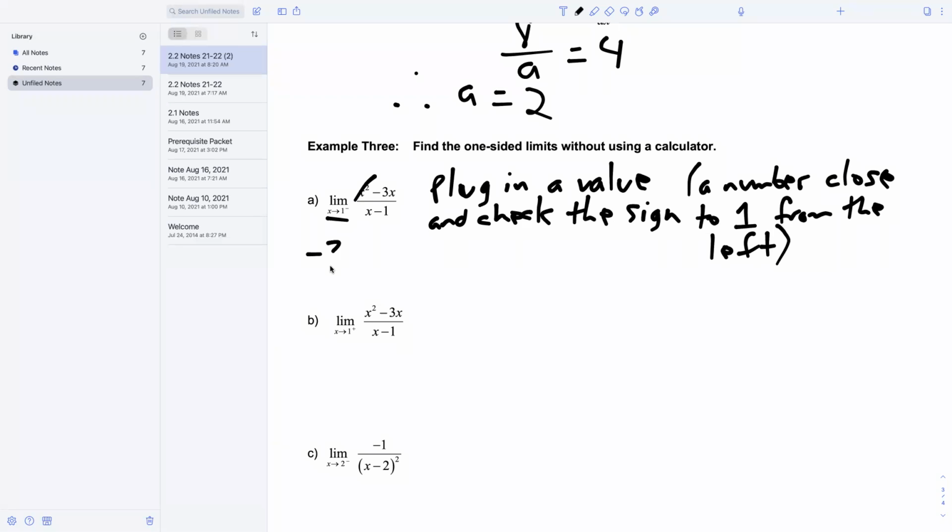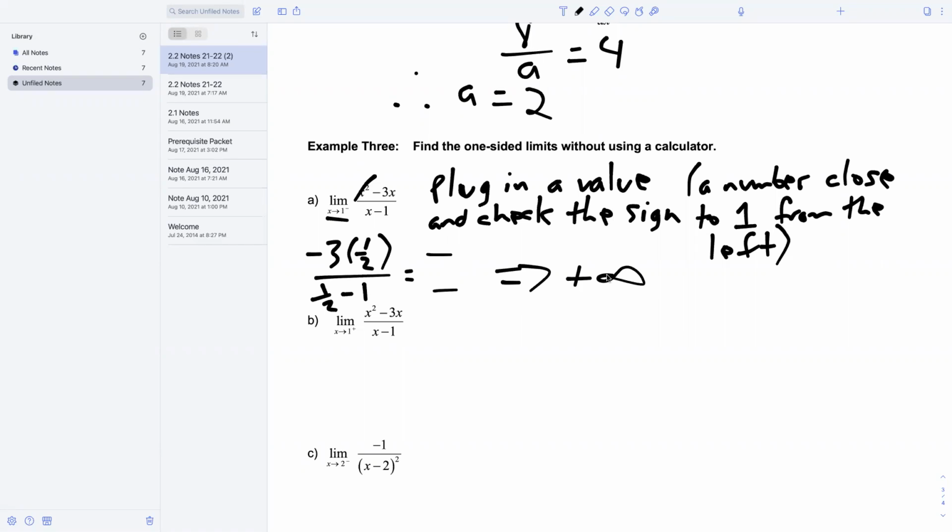So if I plug in 1/2, -3 times 1/2 is negative. I don't even care what the number is; all I care about is the sign. Then I have 1/2 minus 1, which is also negative. So I've got negative over negative. Therefore, this has to be approaching positive infinity as it gets closer to the asymptote.